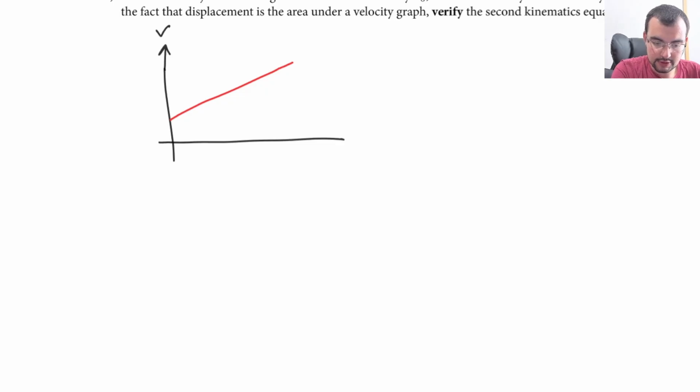So this is v, this is t. And we're looking more specifically at how far you've gone just after a time of interest, t. And we know that the displacement is the area under this curve. So we do know that delta x is going to be the area.